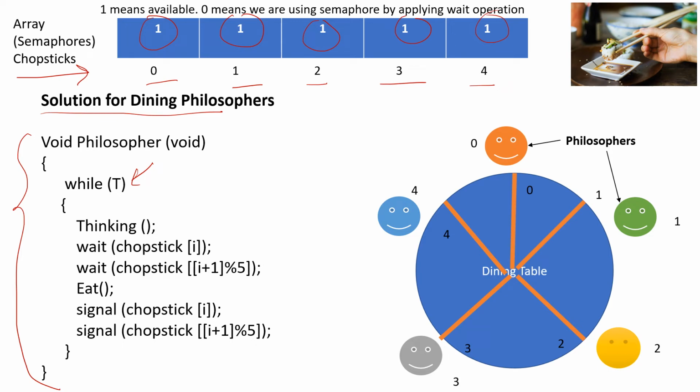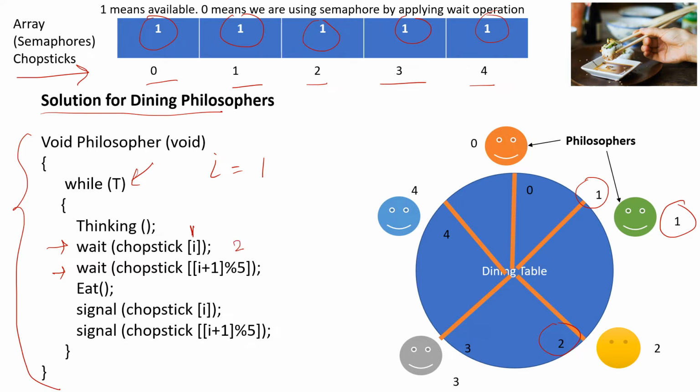Before starting to eat, what she has to do is, for example, I am taking I equal to 1 here, so philosopher 1. For philosopher 1, she needs chopstick number 1 and 2. So here she has to perform 2 wait operations on chopstick number 1 and chopstick number 2.